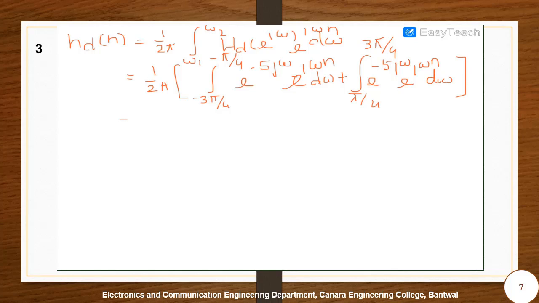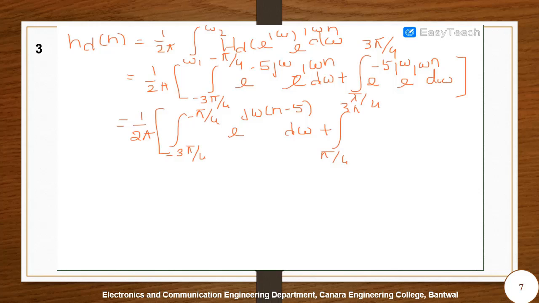On further simplification, we get this as 1 over 2 pi, integral from minus 3 pi by 4 to minus pi by 4 of e to the power j omega (n minus 5) d omega, plus integral from pi by 4 to 3 pi by 4 of e to the power j omega (n minus 5) d omega.